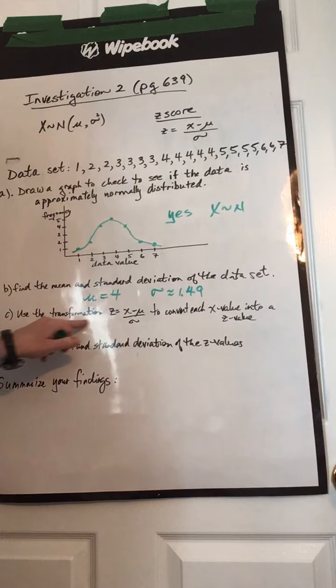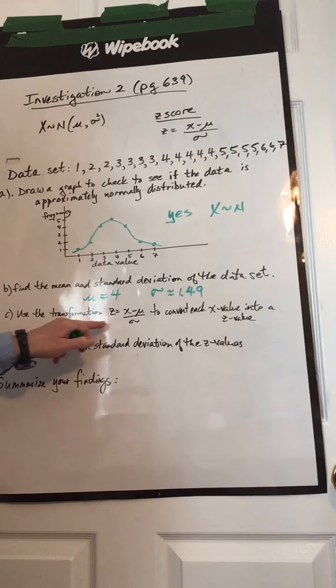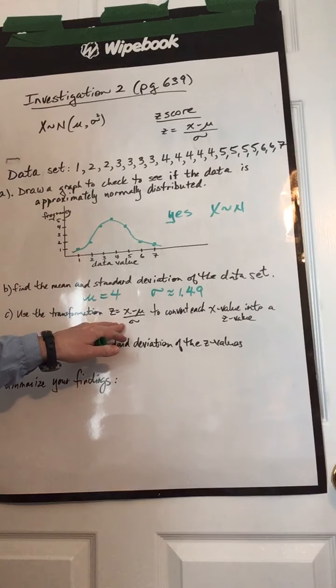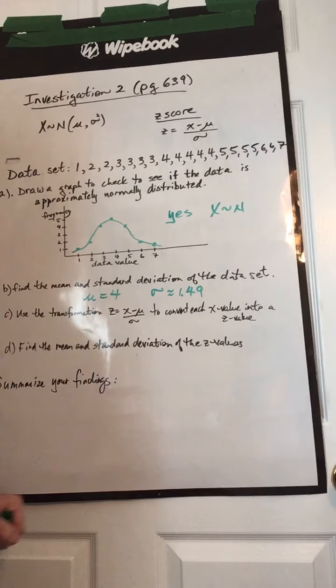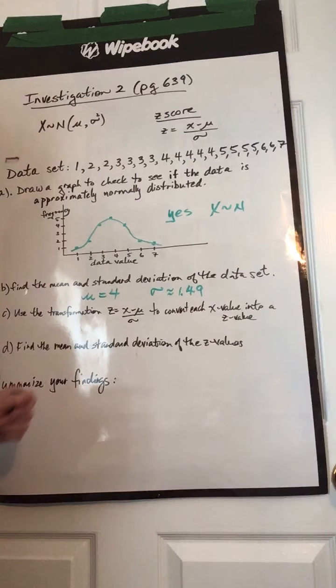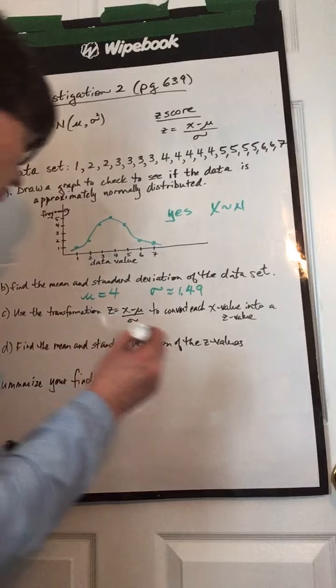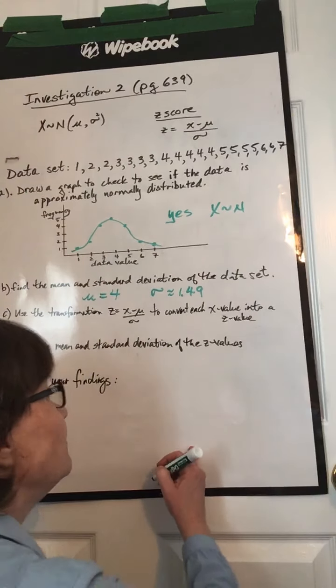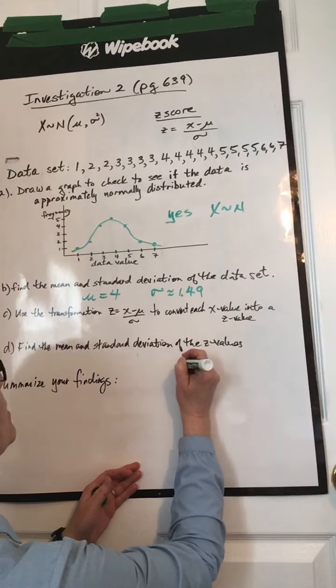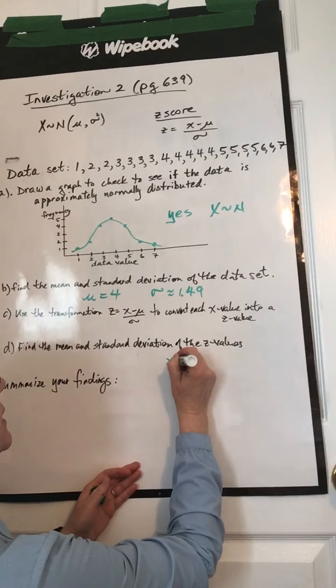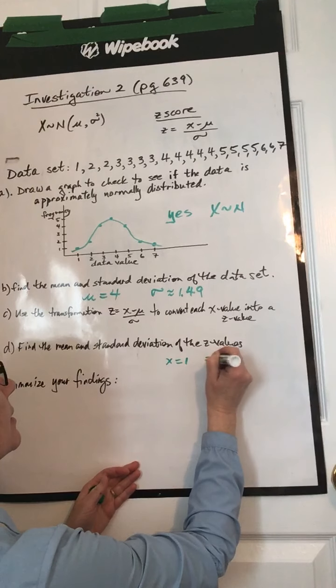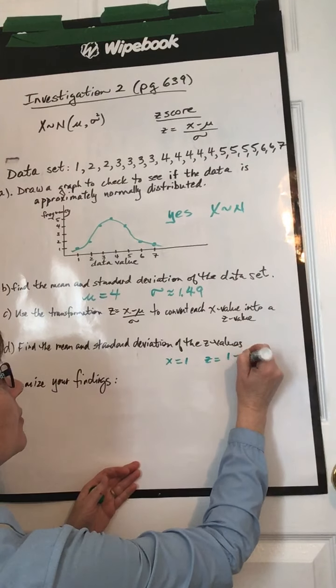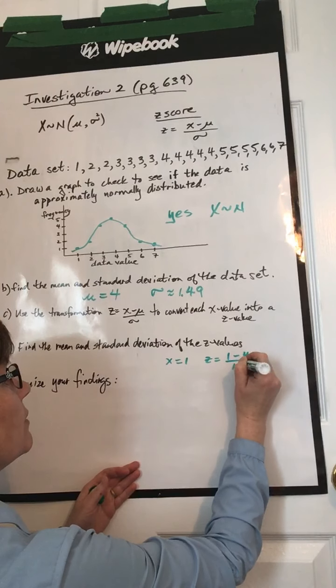Part C, transform each of these x's into a z using this formula, this transformation. Okay, so when we do this, I guess I'll have to do this down here. So when x is 1, z is 1 subtract 4 all over 1.49.